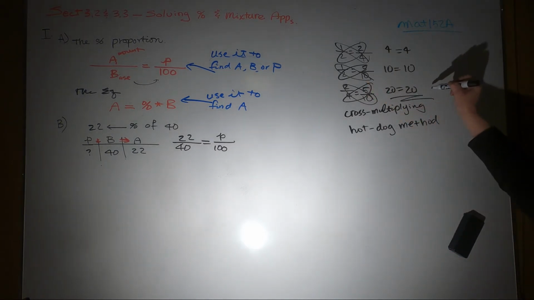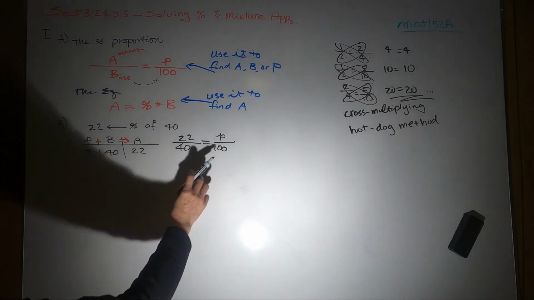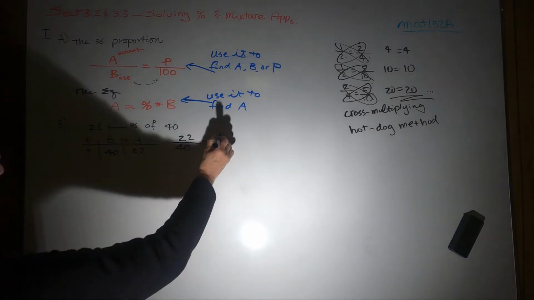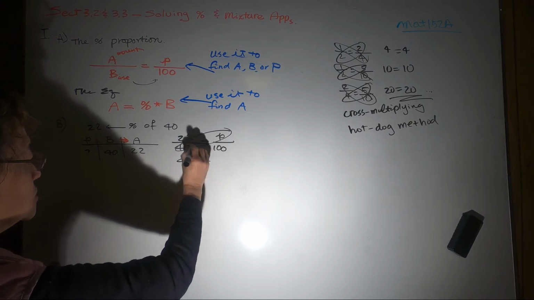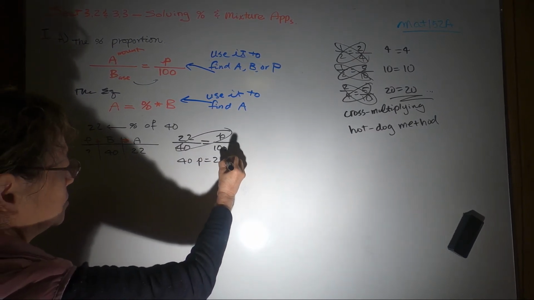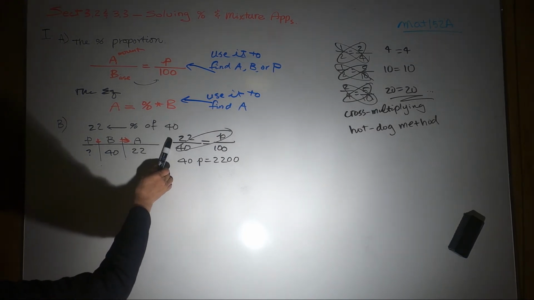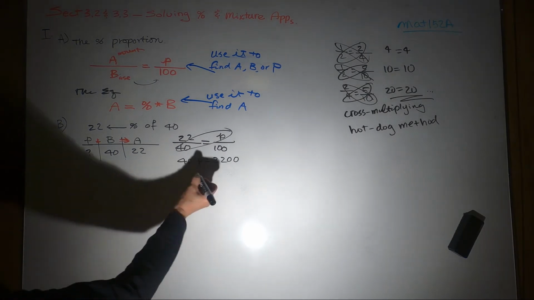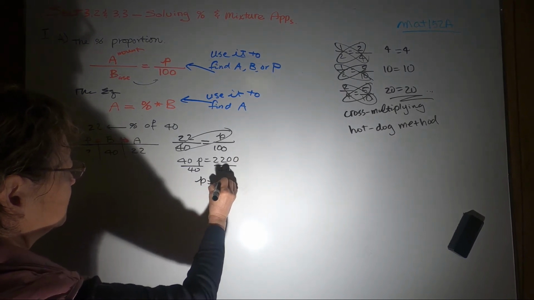When you cross multiply, you should get the same answer, right? So I have a proportion here, then I need to find the P. How should I do it? I do the hot dog, right? So I will have 40P equals 22 times 100, which is 2200. So you will change a proportion to an equation. Then it's a linear equation, you can solve it, right? So P is what? 55%.